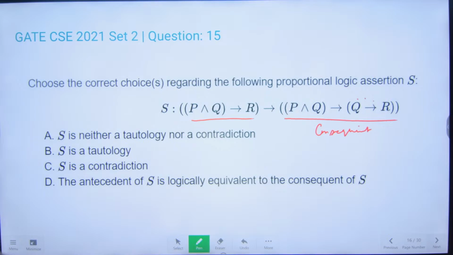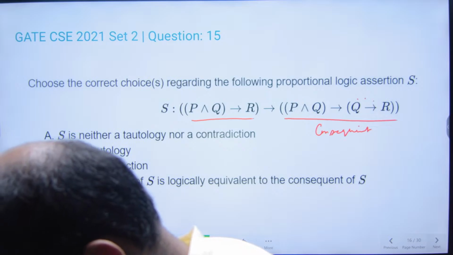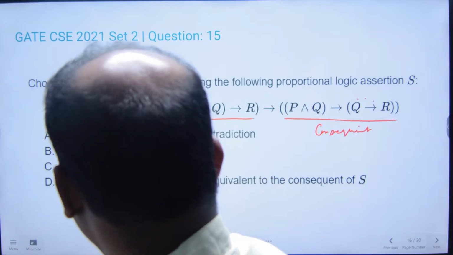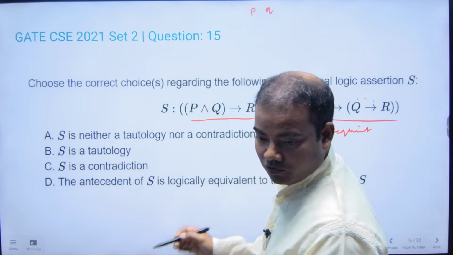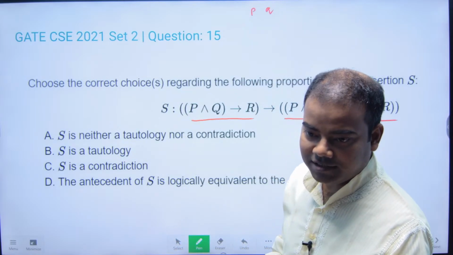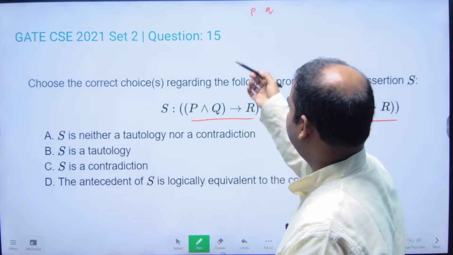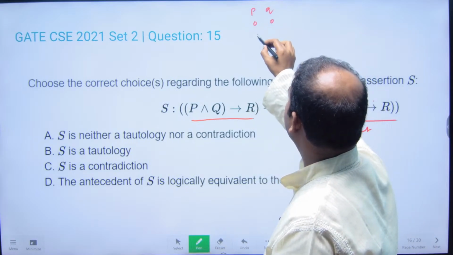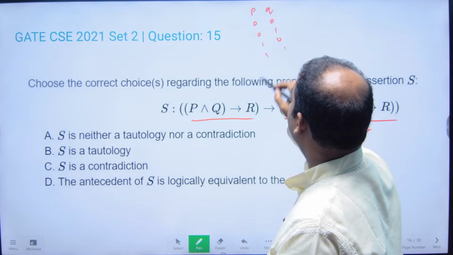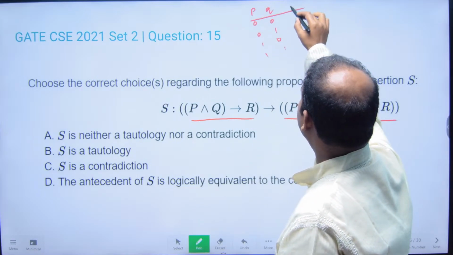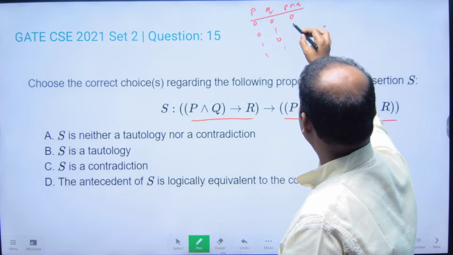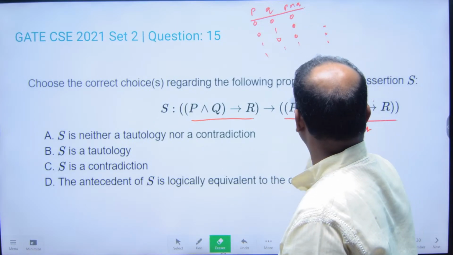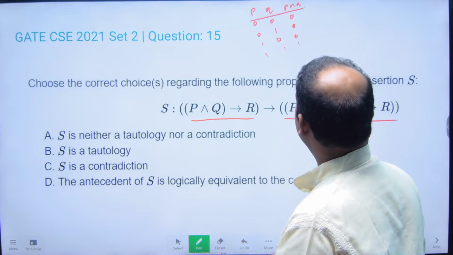So this is P, this is Q. So make the truth table of this P and Q. P, Q: you can write 0 0 also, or you can write true false also. For example, writing 0 0, 0 1, 1 0, 1 1, so what is P and Q? 0 0 0 1. So this is P and Q.